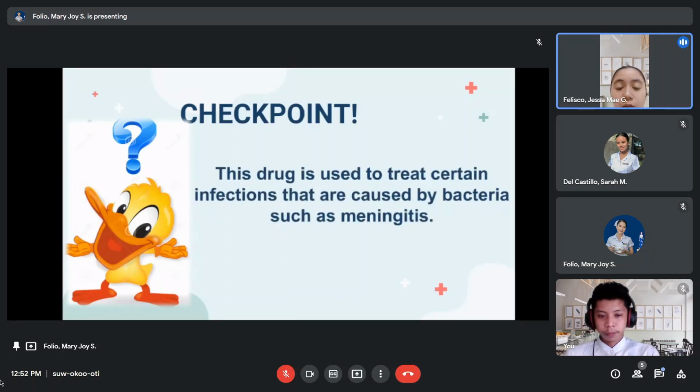Okay. So for the first question, this drug is used to treat certain infections that are caused by bacteria such as meningitis. So anyone can answer. May I call on Miss Del Castillo to answer the question?